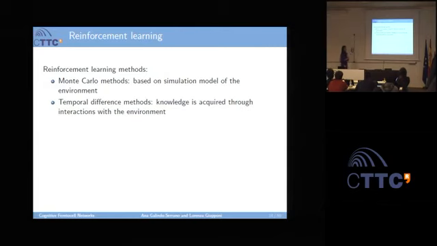So we have two options: the Monte Carlo methods, which are based on the construction of maps of states, actions, and rewards. So you need to build somehow how it behaved in the past. Or we have the temporal difference methods, where the knowledge will be acquired due to interactions with the environment. So we focus on this one because we want the online learning. We just want agents to learn by interacting with the environment.